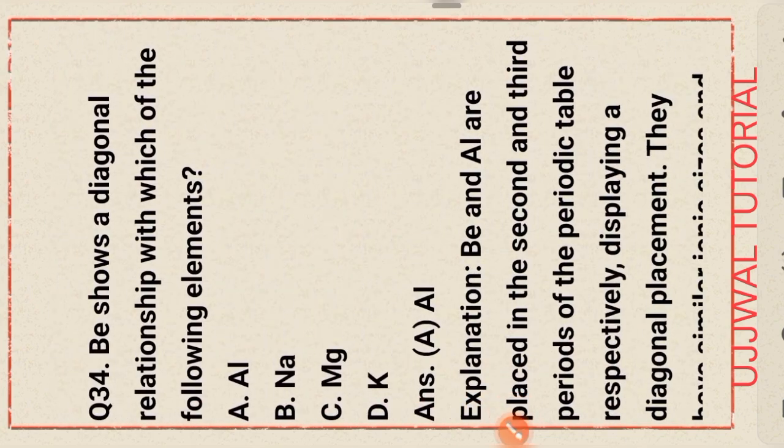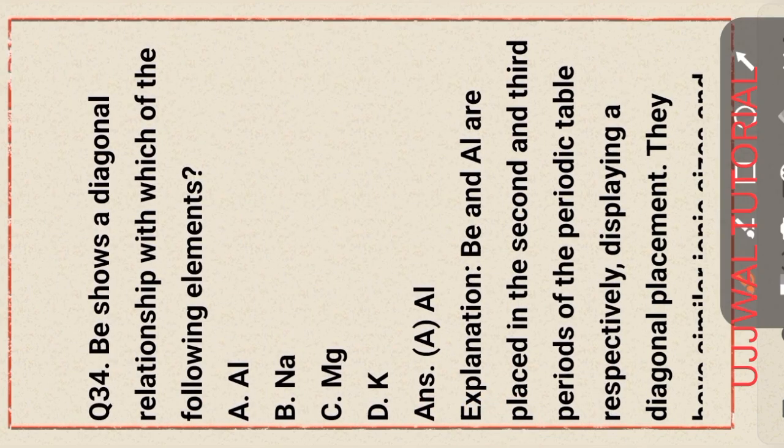Next question, beryllium is an alkaline earth metal, that is s block, group 2. Beryllium shows a diagonal relationship with which of the following elements? Aluminium.